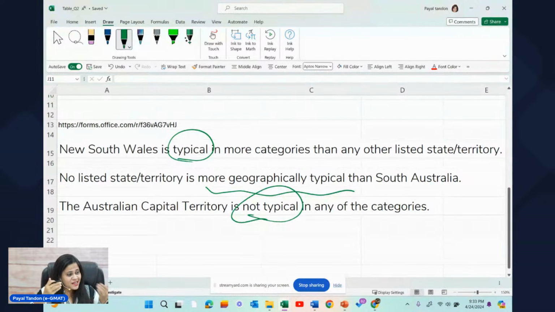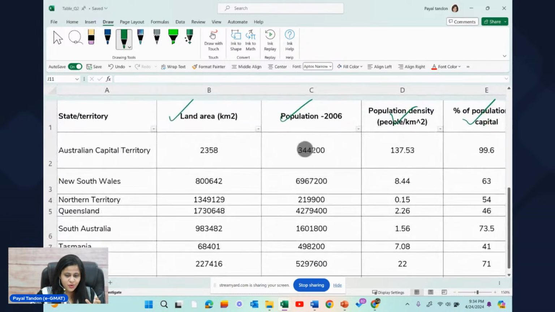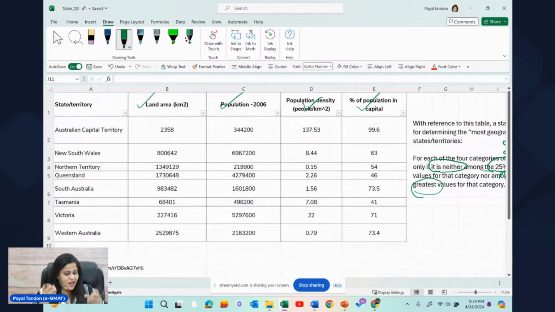So essentially, each of these three statements is about this definition: what states are geographically typical, what states are not. Which means you don't really have to do separate analysis. You need to apply this definition of geographically typical and understand which of these are and which are not. Okay, so now we're going to start analyzing our data.